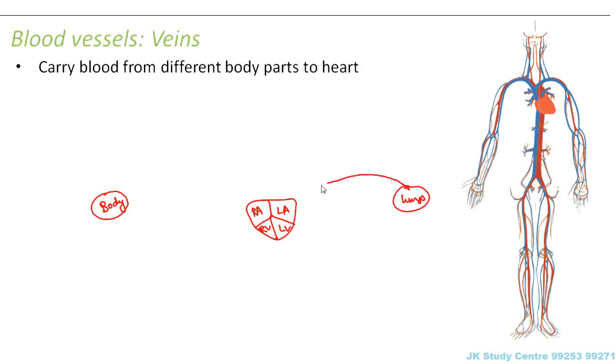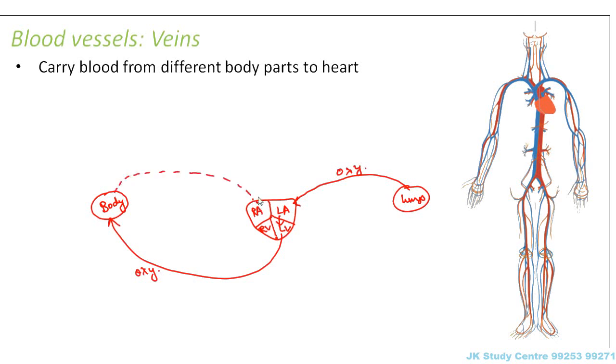So the lungs will send in oxygenated blood here, right? Left auricle will send it to left ventricle, and left ventricle will send it to different parts of the body. Now from body, deoxygenated blood will come to the right auricle. Right auricle will send it to right ventricle, and right ventricle will send it to the lungs. This is the deoxygenated blood.